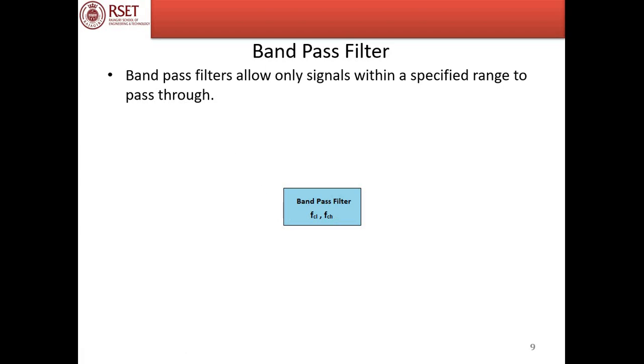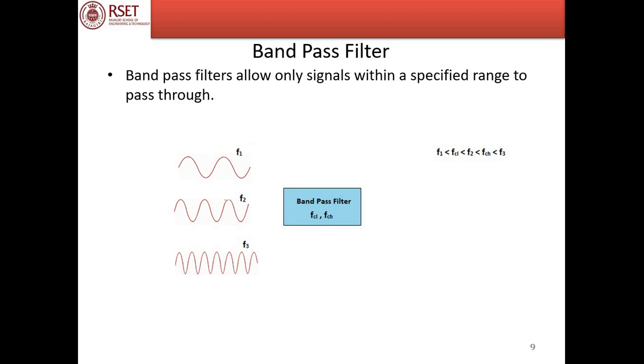Let us consider three input signals with frequencies F1, F2 and F3. Let the relationship between the frequencies be F1 less than the lower cutoff frequency FCL, which is less than the frequency of the second signal F2, less than the higher cutoff frequency FCH, which is less than F3.